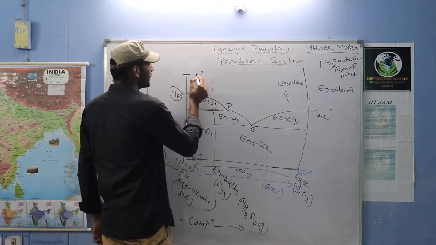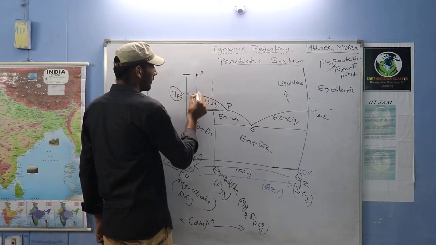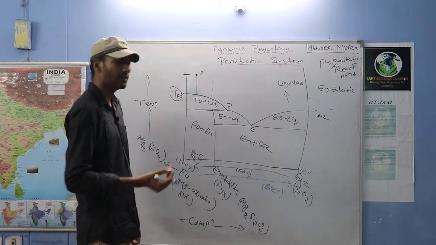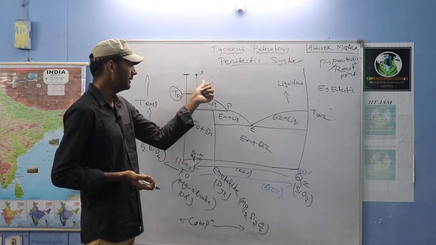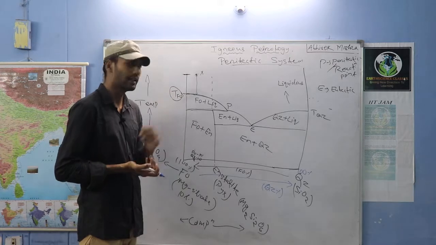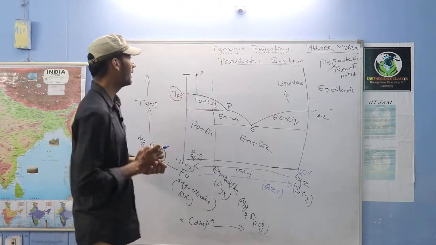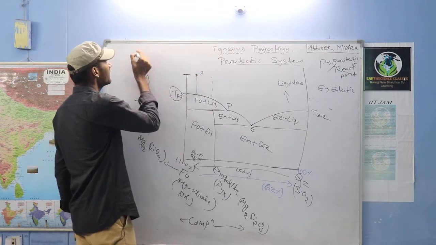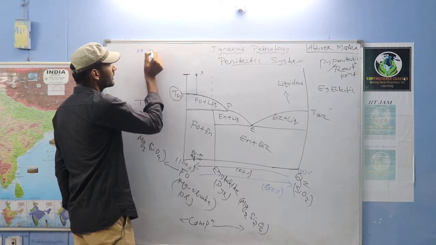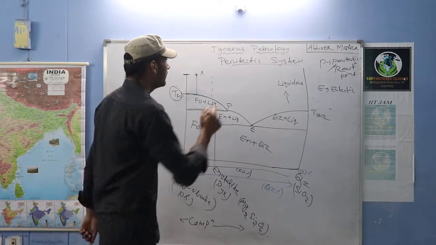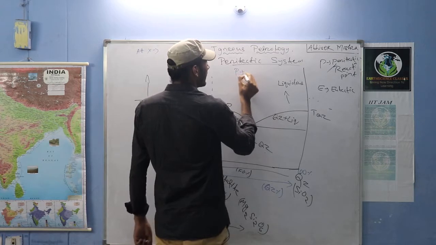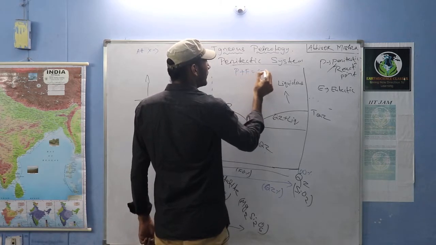So this is the initial composition, then it will cool down, the temperature will fall until it touches the liquidus. Until it touches the liquidus, what will happen at X? How many phases are there? At X, what is your phase rule? P plus F is equal to C plus 1.